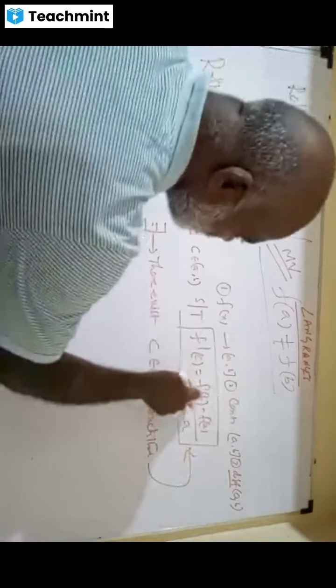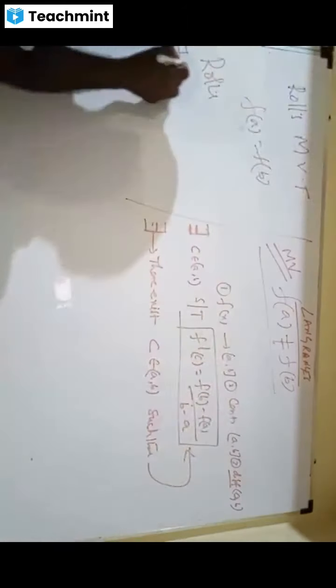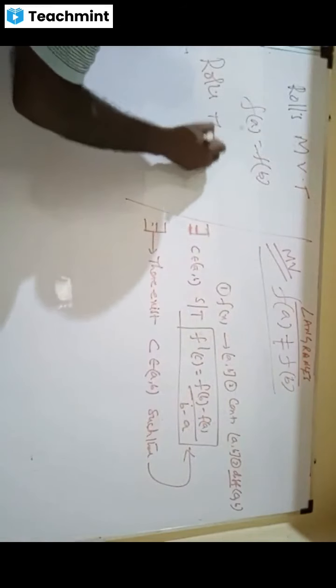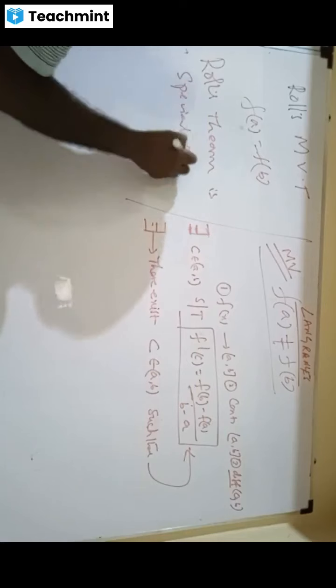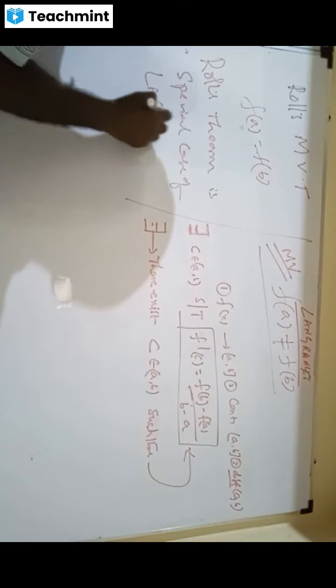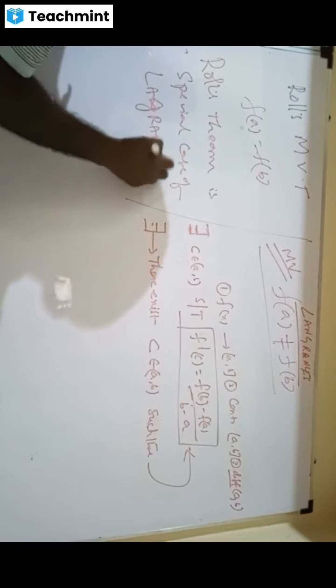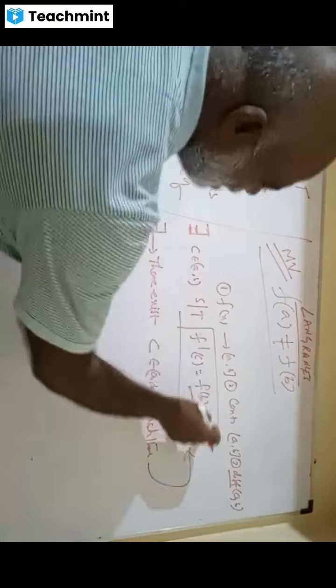What do you understand from this? Rolle's theorem is a special case of Lagrange's theorem. Do you agree, ma? Yes, sir. F of B equal to f of A means what? F dash C will become 0.